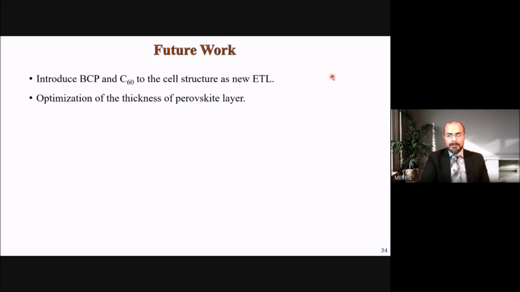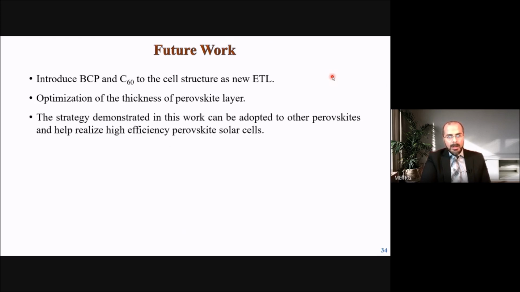It's very thin. Also, the strategy demonstrated in this work can be adopted for perovskites made from other materials, for other kinds of perovskite solar cells. We have a lot of variety of solar cells, and we can use this material in that application.